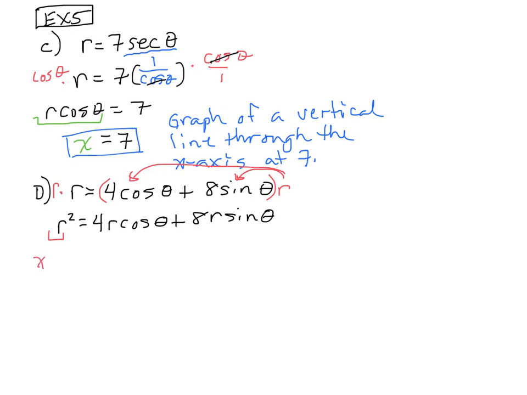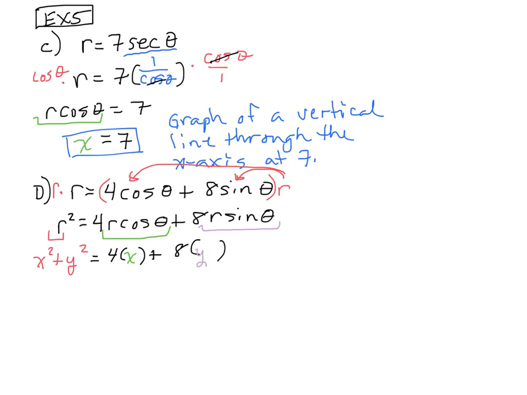X squared plus y squared equals, what's my next substitution? Yeah, the r cosine of theta, not the 4, but the r cosine of theta has a direct substitution. So we have 4 times, and instead of the r cosine of theta, that gets replaced with x. Then plus, what happens with the r sine of theta? Yeah, it gets replaced with y.